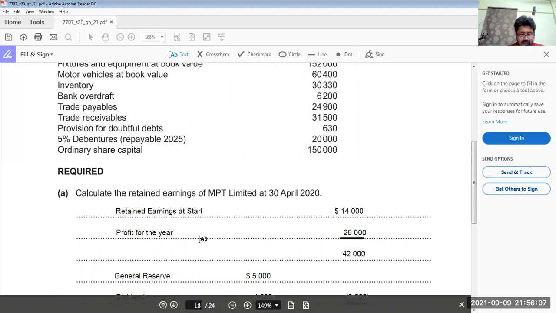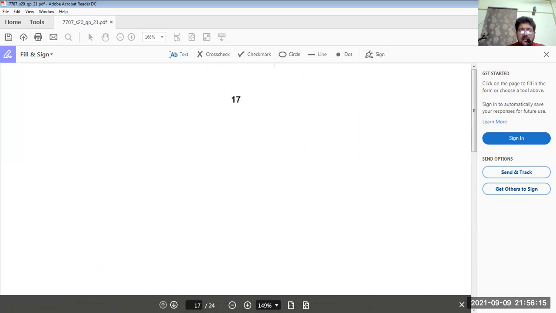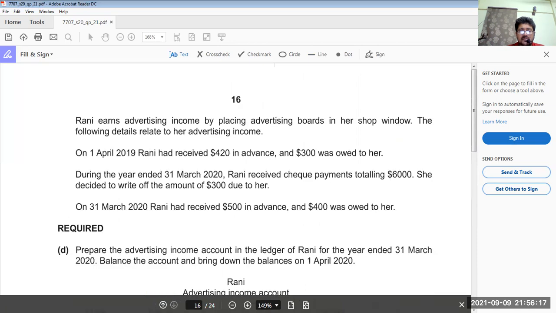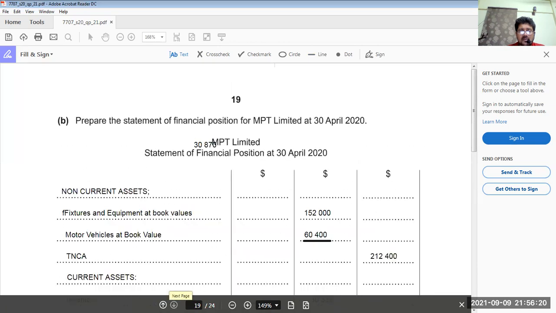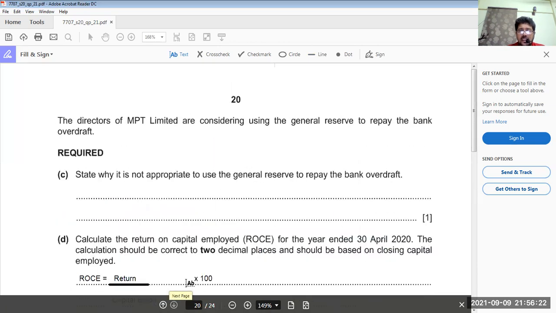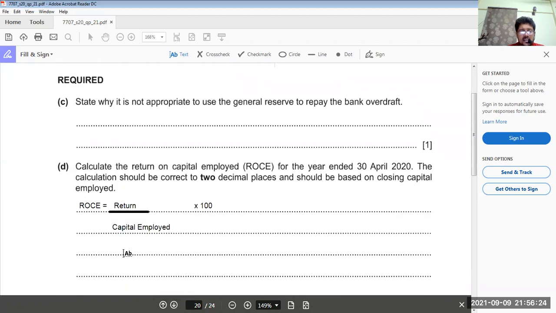Debentures 20,000 multiplied by 5%. Debenture interest is 1,000. So our profit is 28,000 after interest, and our profit from operation will be 29,000 if we include interest again. So our return is 29,000.